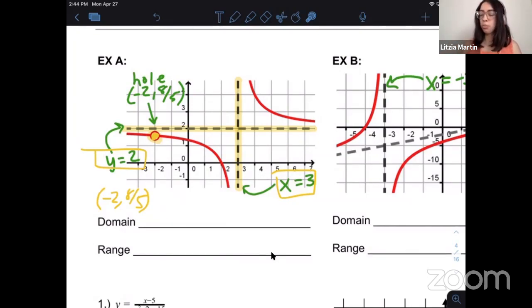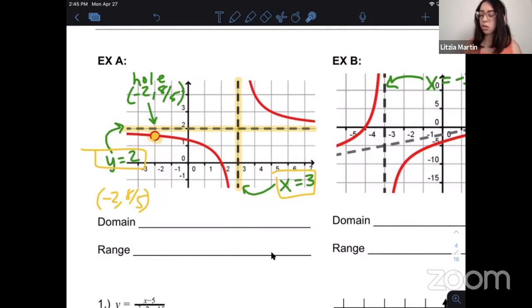If I were to remove this asymptote, I have no idea where those two graphs would possibly meet, right? Maybe they would come together here, maybe somewhere up here, somewhere down here. We have no idea. There's actually no way to figure that out. So that is why we call it a non-removable discontinuity, because we can't locate a closure for the graph.